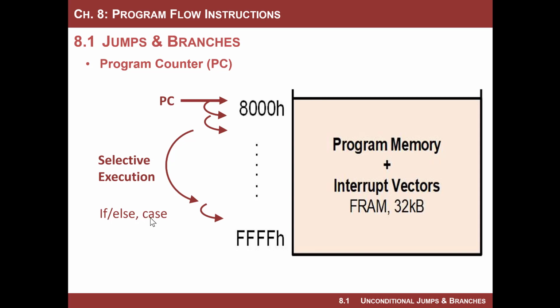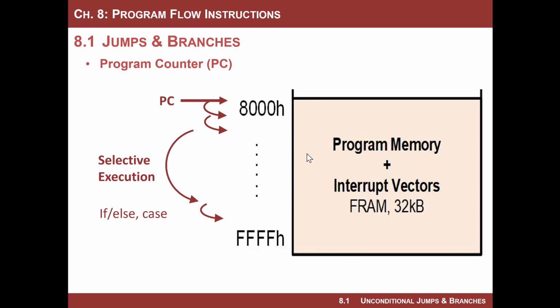So for example, when you do an if, else statement in C, you're going to provide code or statements that are executed if the if portion is true. You will provide other statements that are executed if the else portion is true. The way that that's implemented in a computer is the opcodes and operands for the if part and the else part are put into memory.